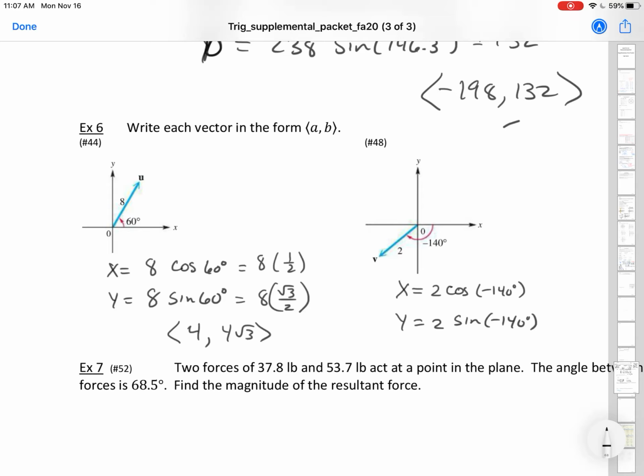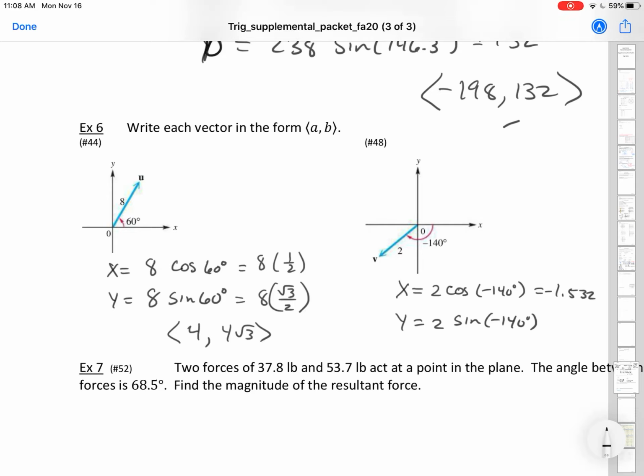So we do 2 times the cosine of negative 140, and we get negative 1.532. I don't know how they'll want us to round. Just round it as you feel is appropriate, and I'll give you credit. It does not truly matter to me.